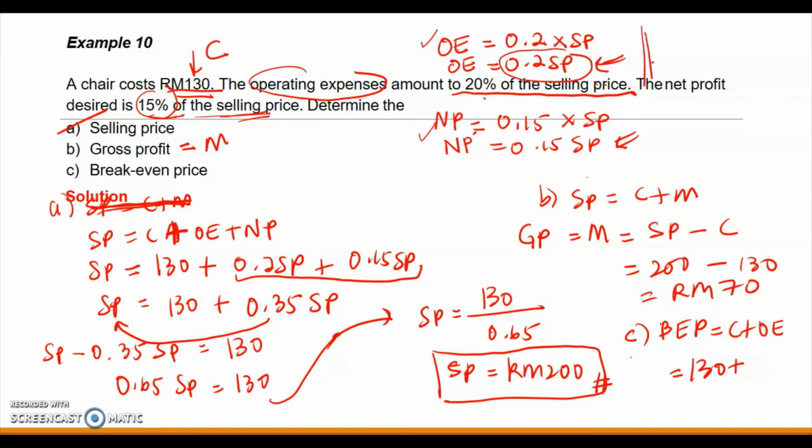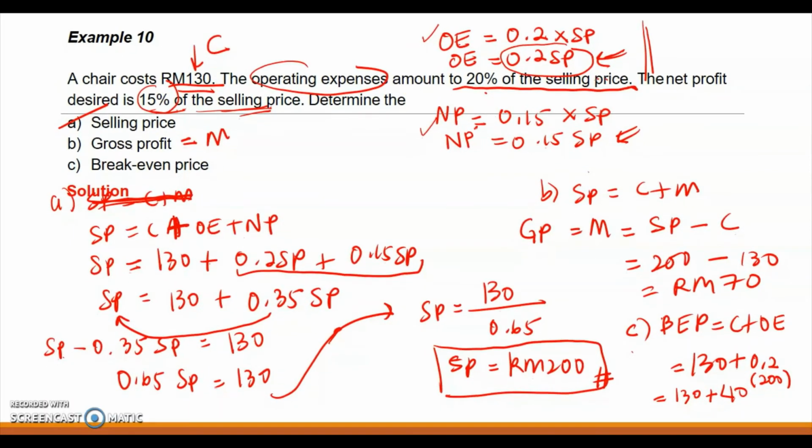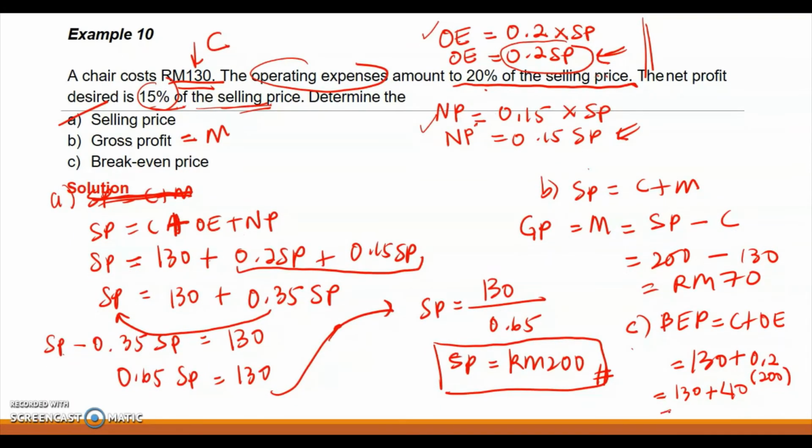So now find the OE value: 0.2 times SP, and the selling price is 200. So 130 plus 0.2 times 200, which is 40 ringgit. The operating expenses is just 40 ringgit. So the break-even price is 170 ringgit.